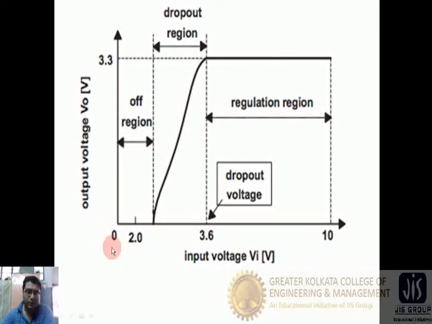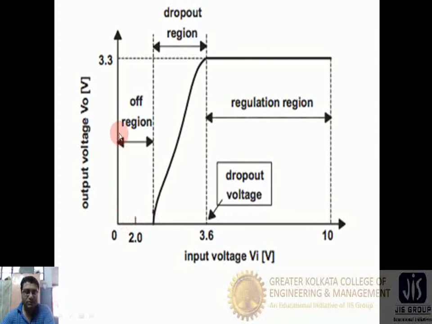And when it is starting from its origin, when the input voltage increases, the output voltage also increases, and it gets limited or saturated at a point. This increment phase is known as the dropout region, and the voltage regulator requires some input voltage to start up.